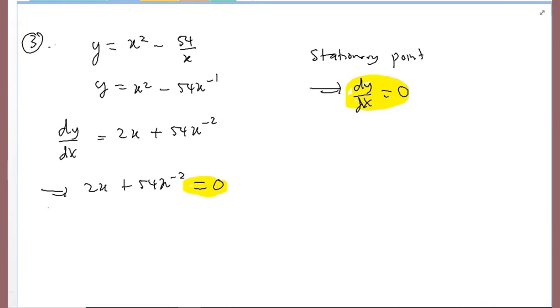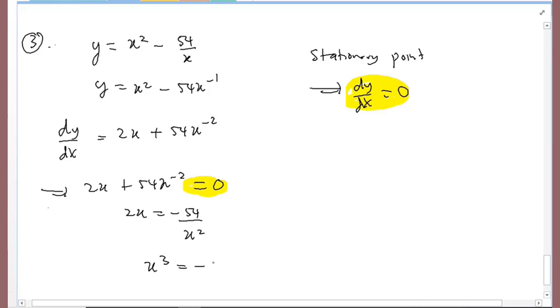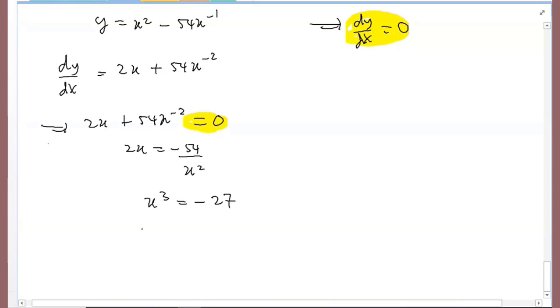Simplify: bring up, negative 54 over x squared, x cubed equals negative 27, cube root gives negative 3, therefore x is equal to negative 3.